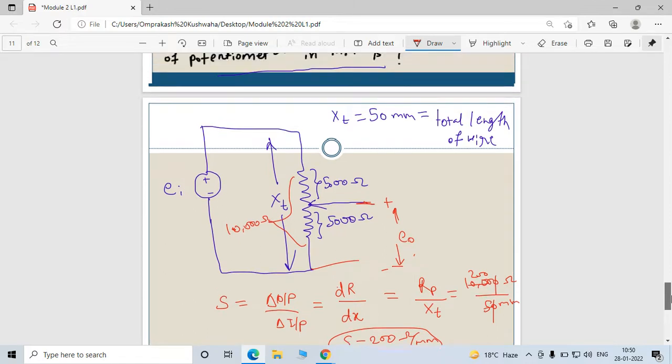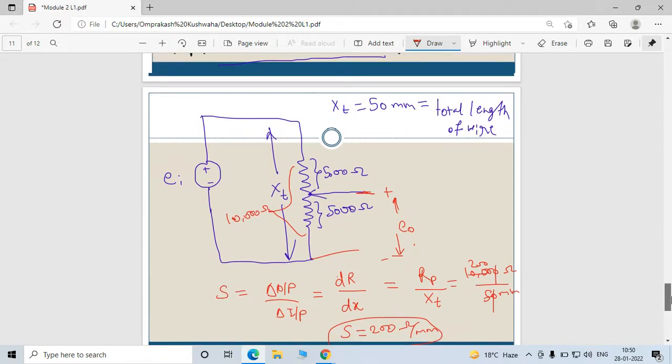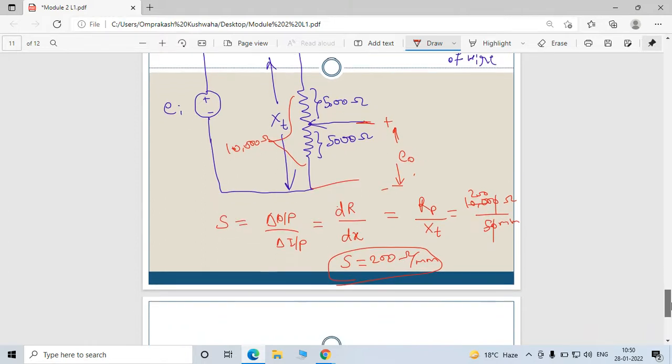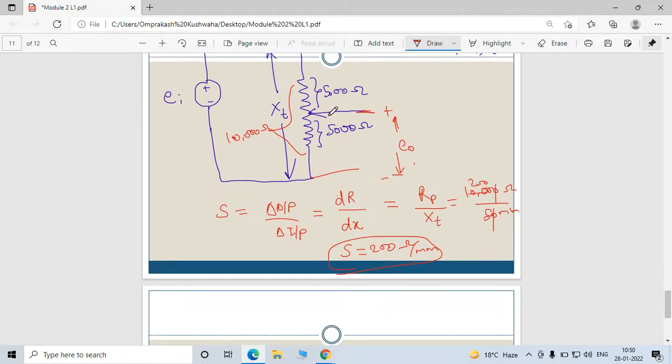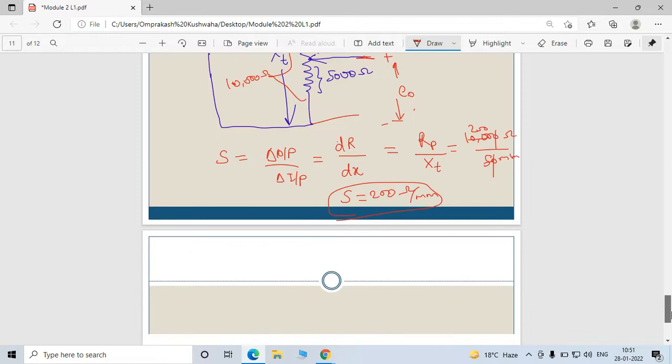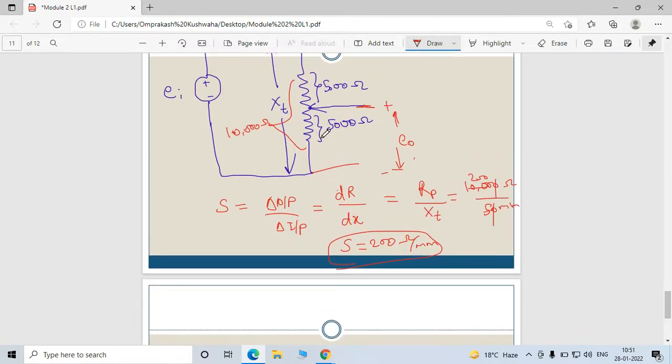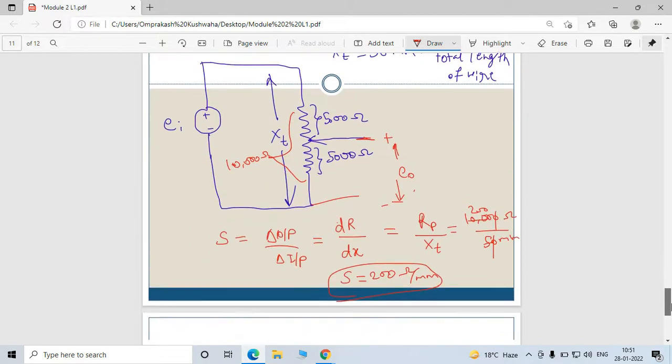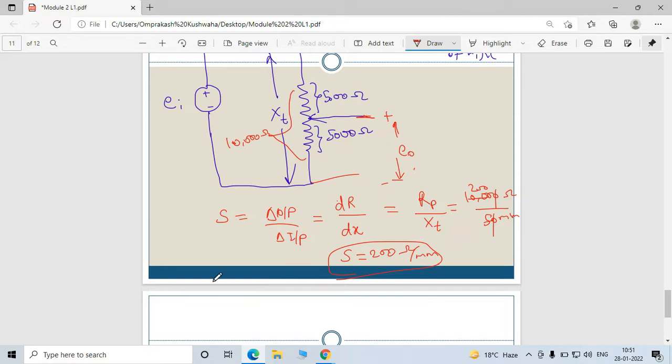When you use that resistance, it means you have slid the contact. The electrical resistance on each side was 5000, and you are using this 3850 ohm resistance.